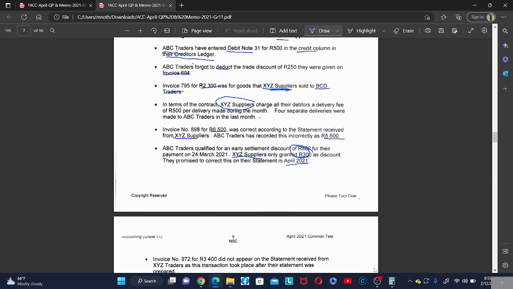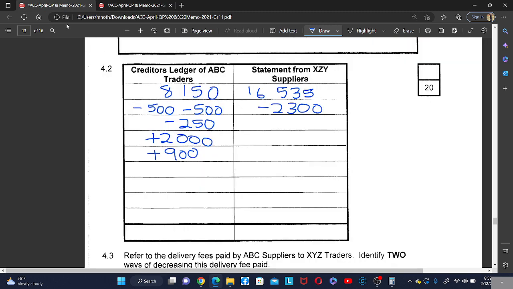So what is the difference? 800 minus 300, that is 500. They only granted us a discount of 300 Rand, so the remaining one in the statement is 500 Rand.